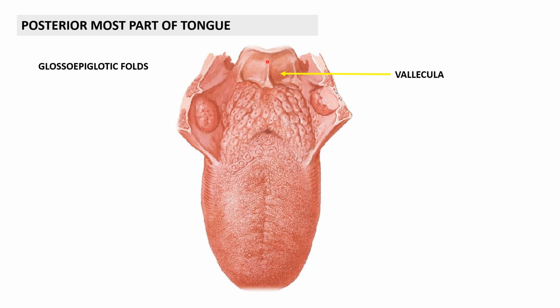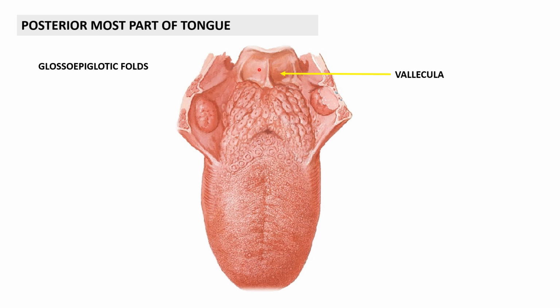There are three folds. One is in the median plane, called the median glossoepiglottic fold. Two are on either side, in the lateral aspect, called the lateral glossoepiglottic folds.